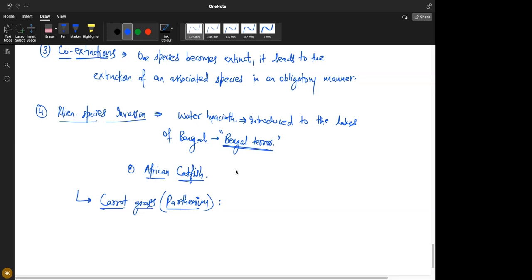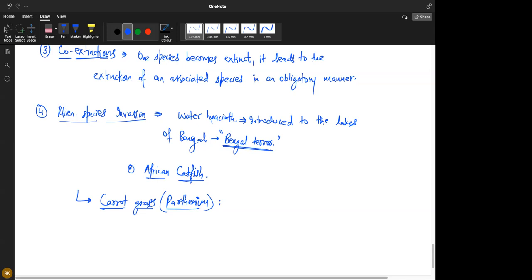Parthenium seeds came with it, and it started invading. It became very invasive in our crop fields, and since then it is a very invasive species which is present everywhere. So that's an unintentional case of an alien species invading an already flourishing ecosystem and affecting it. Make sense?